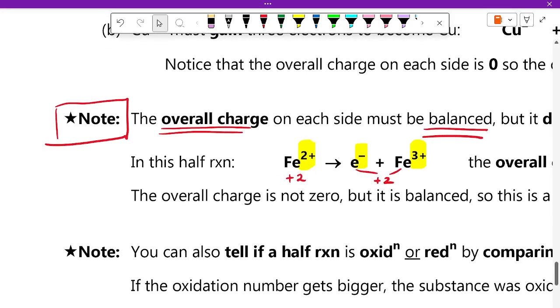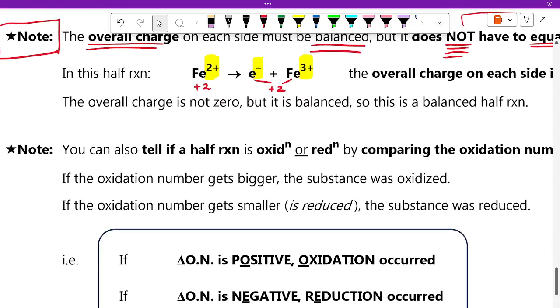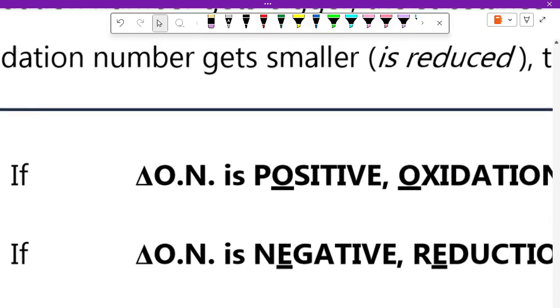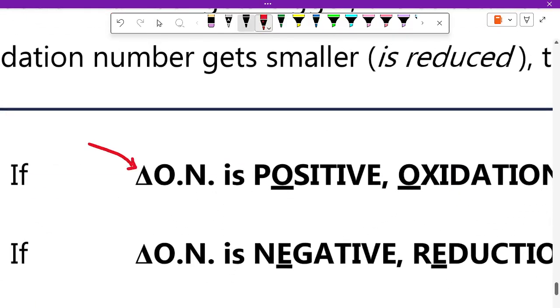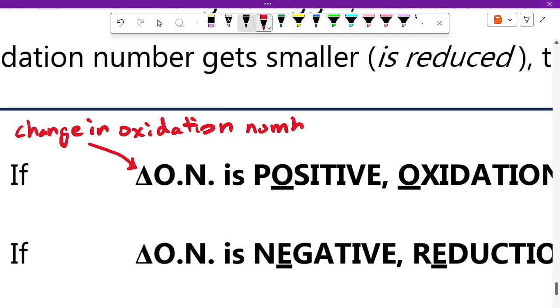Second note. Oh, this is just what we already did. I guess I gave away the punchline. But you can tell if a half reaction is oxidation or reduction because of the change in oxidation number. You'll see this notation fairly often, delta ON, our change in oxidation number. That saves you some writing.